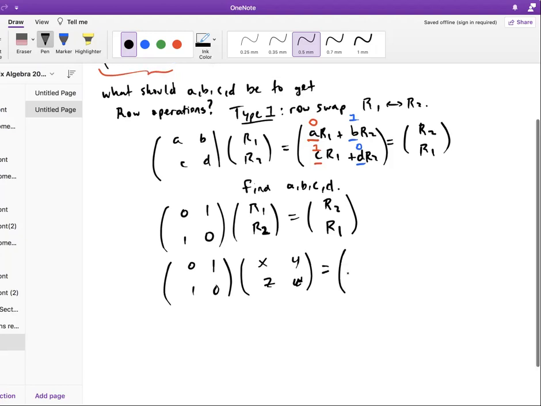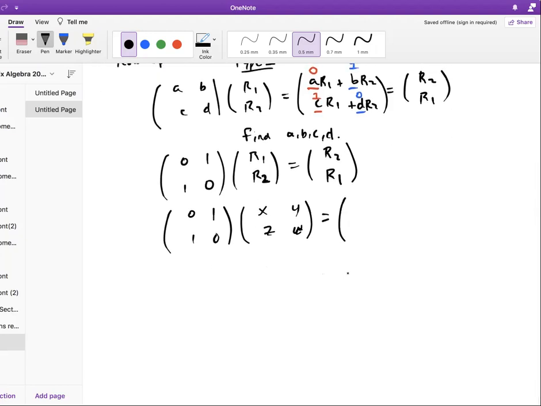All right, let's do the matrix multiplication. What goes in the first entry here? So we're doing the matrix multiplication now. What goes in the 1, 1 entry? 0x plus 1z, good. So z.